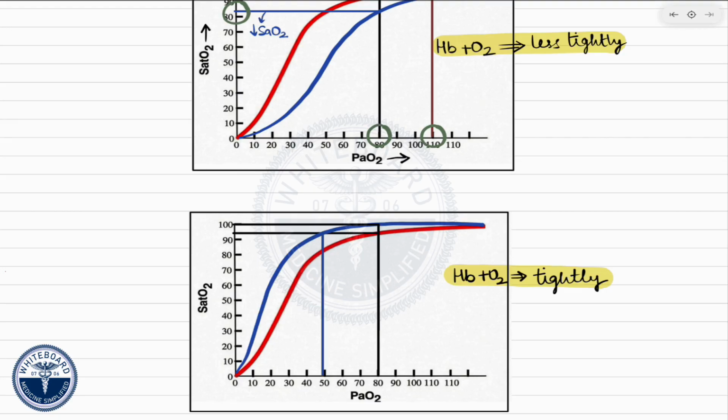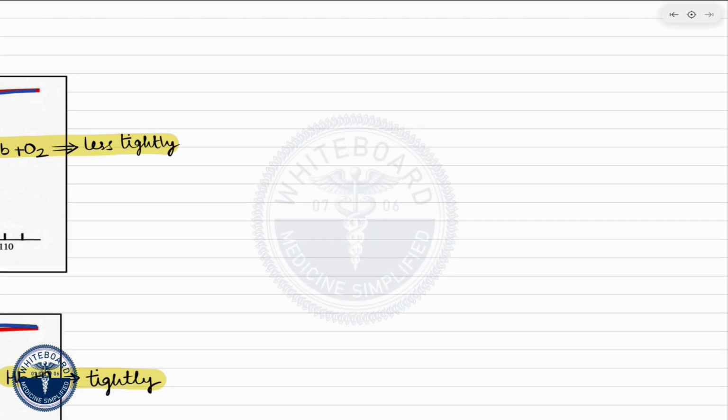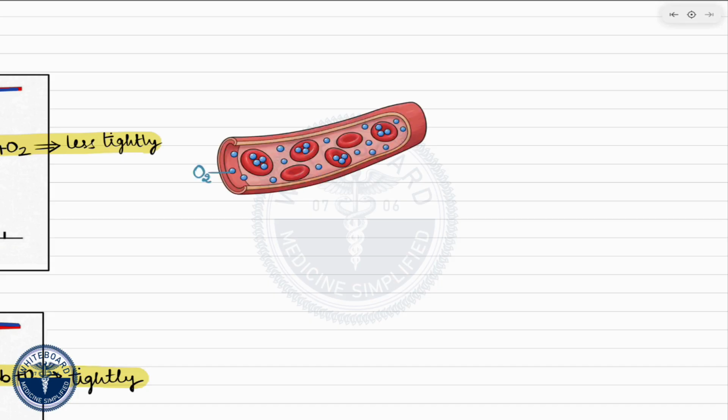Now, after understanding the graphical shift of the curve, let's step back and see what is actually happening inside the body. First, remember that oxygen in the blood is present in two forms. A very small amount of oxygen is freely dissolved in the plasma, and the much larger amount of oxygen is attached to hemoglobin inside the red blood cells.